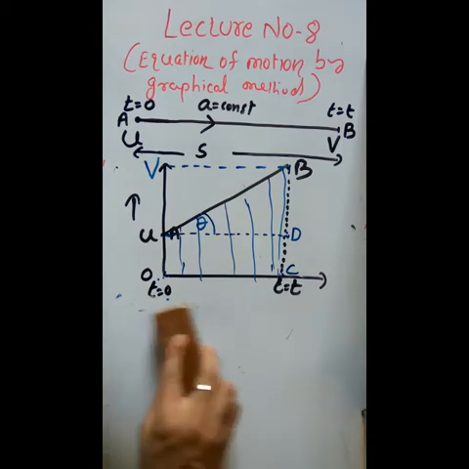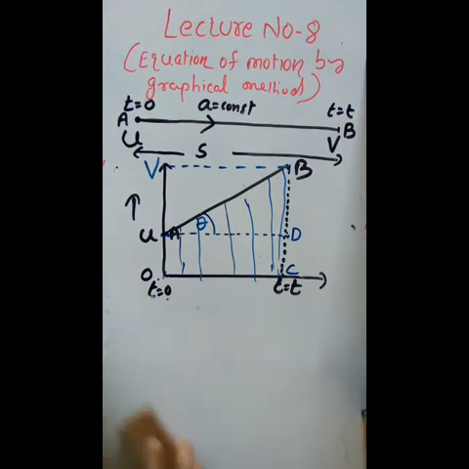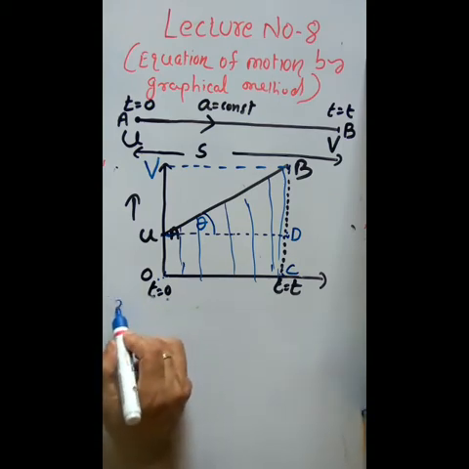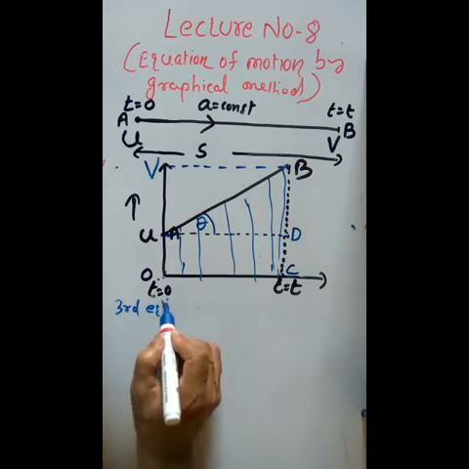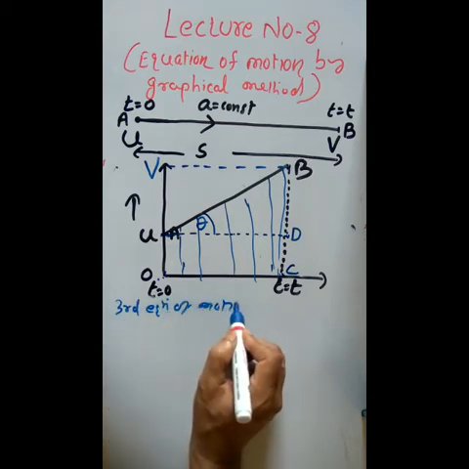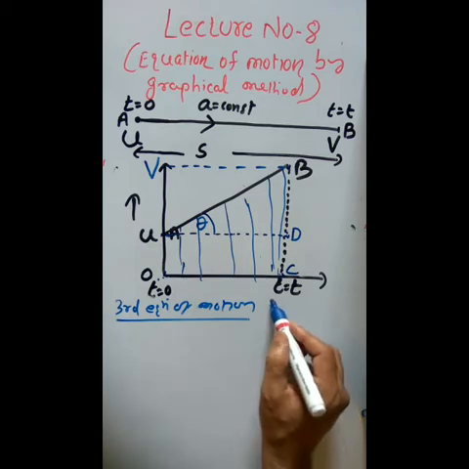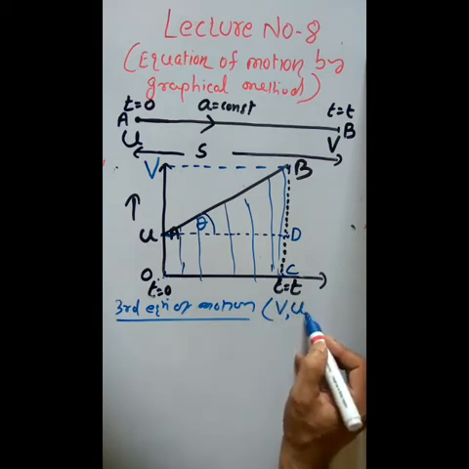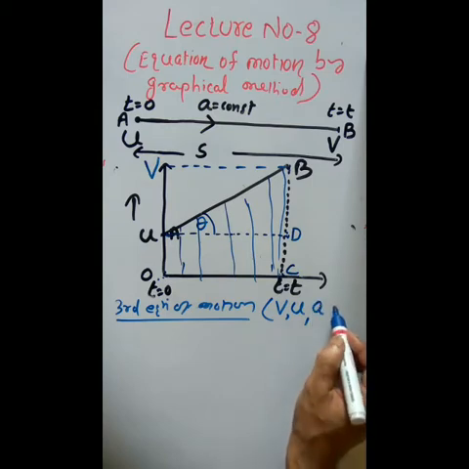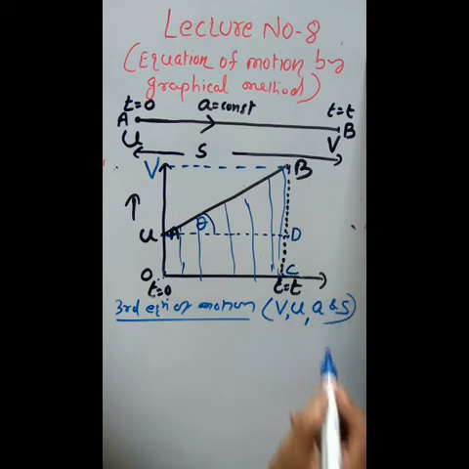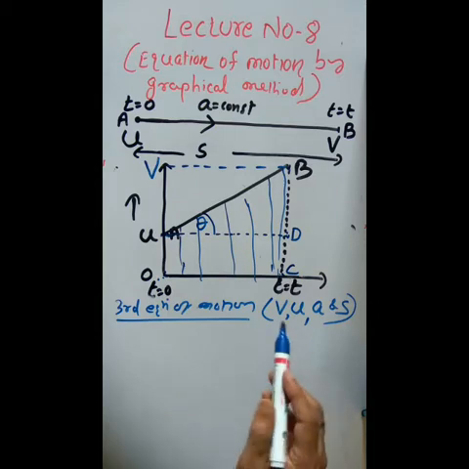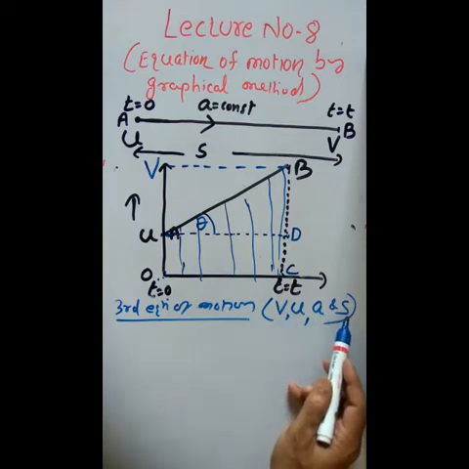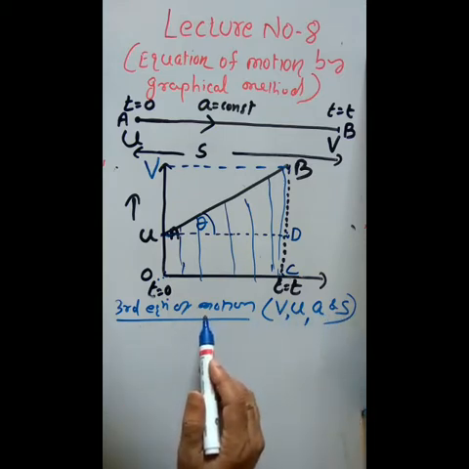Then come to the third equation of motion. What is the third equation of motion? It gives the relationship between final velocity v, initial velocity u, acceleration a, and distance or displacement covered s. So the relation between u, v, a, and s is called the third equation of motion.